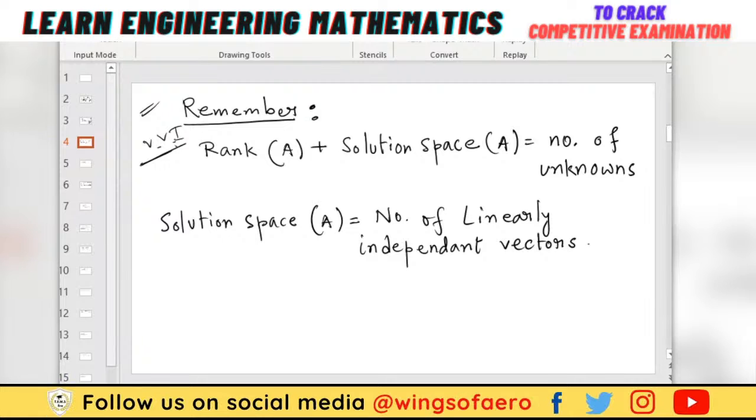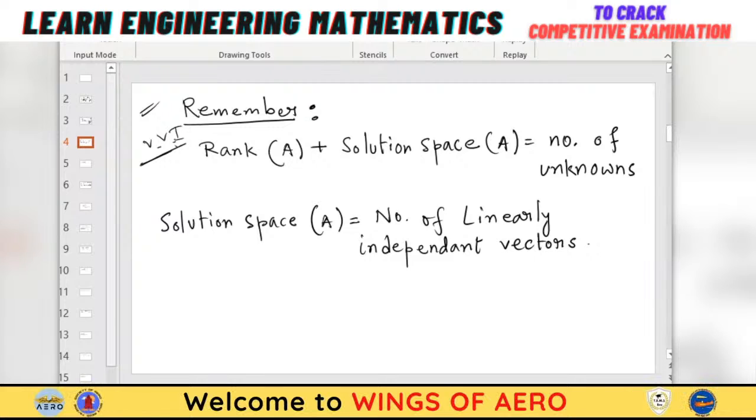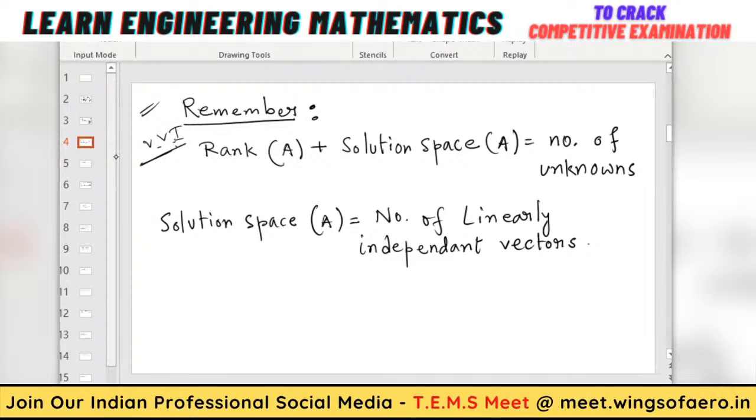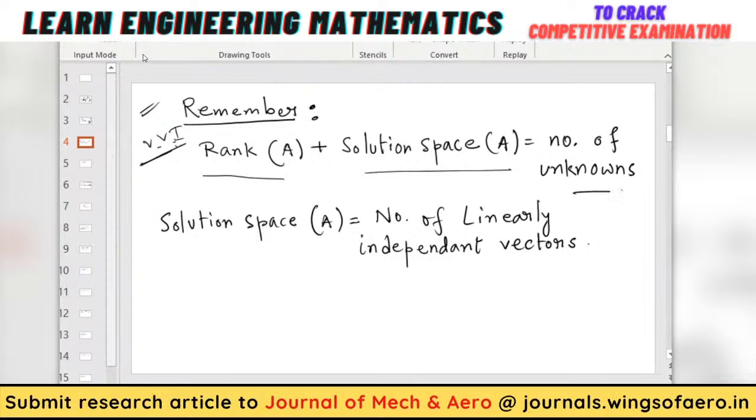All these questions are very easy, they can take less than 1 minute. But you need to remember some special tricks. So this is a very important formula: rank of A plus solution space of A is equal to number of unknowns.